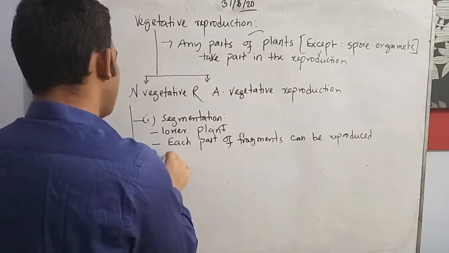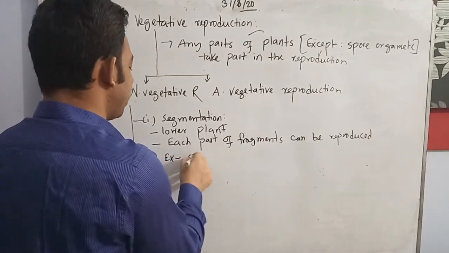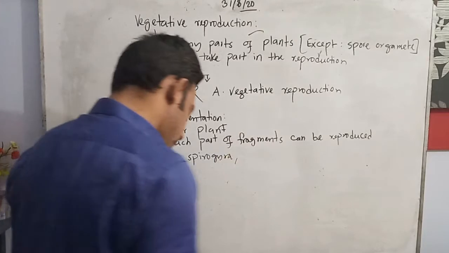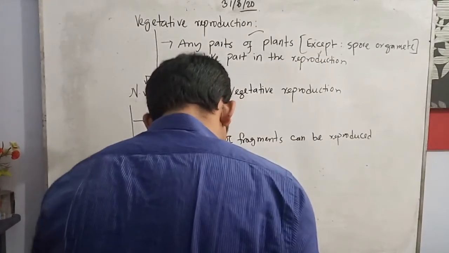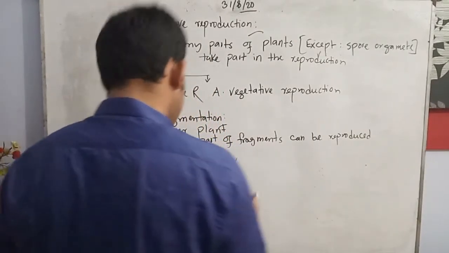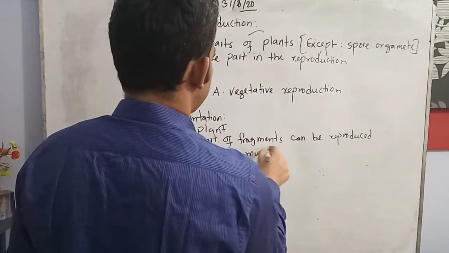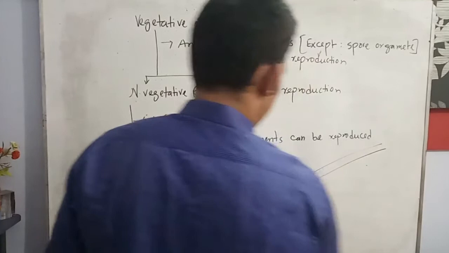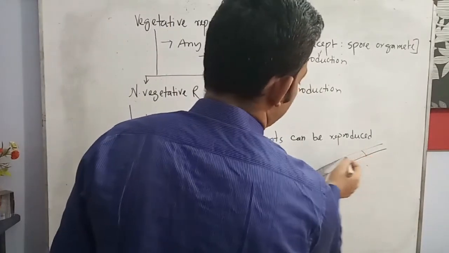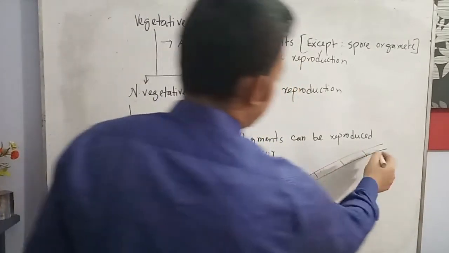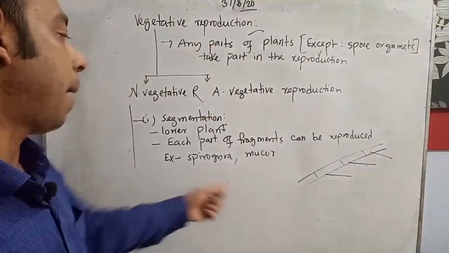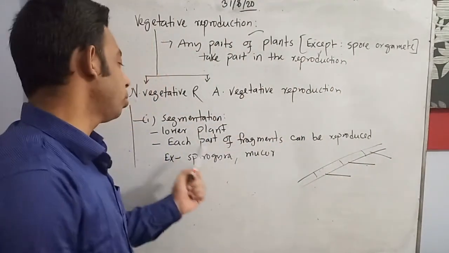There is an example of Spirogyra. Then we have seen the lower plants, Mucor, etc. Suppose this one is a lower plant type, and suppose the body is divided into parts. These are the fragments, and each fragment has the capability to produce a new one.